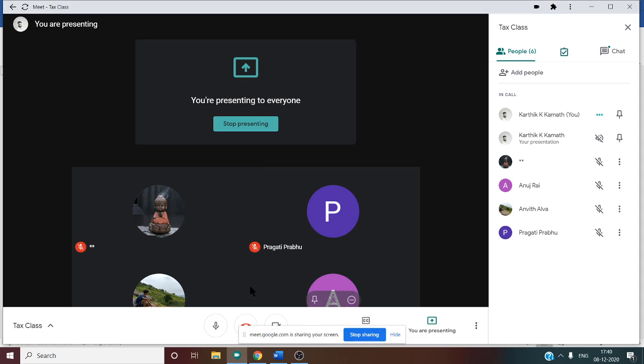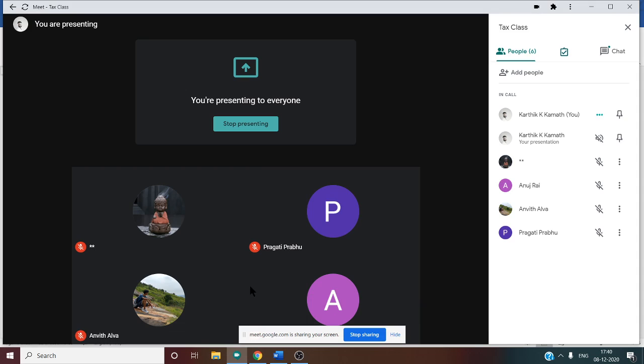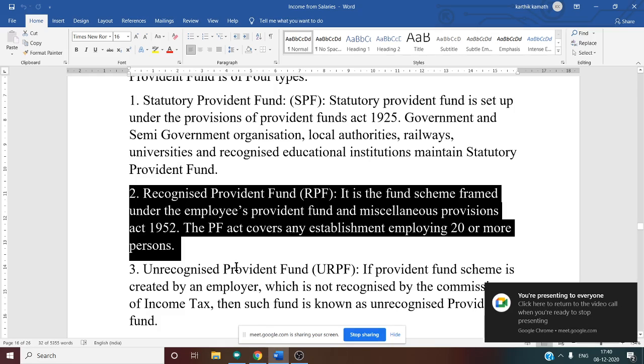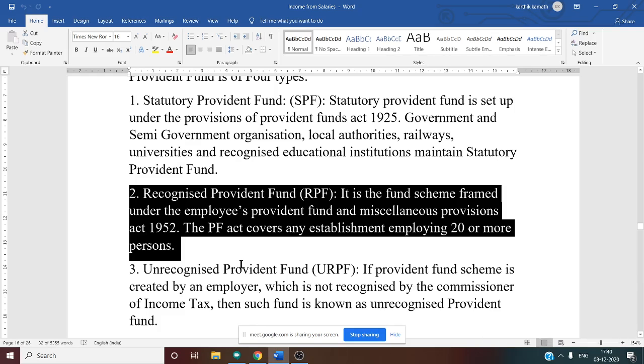So here PF becomes mandatory to be given to the employee if the employer has more than 20 employees in one concern. Then PF must be given by the employer to the employee. That is about recognized provident fund.